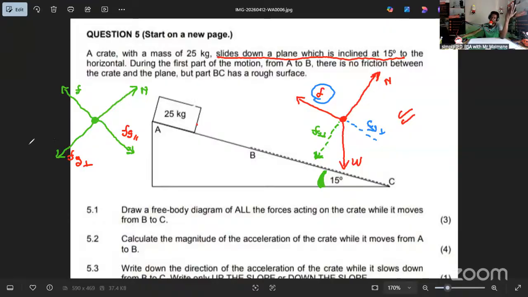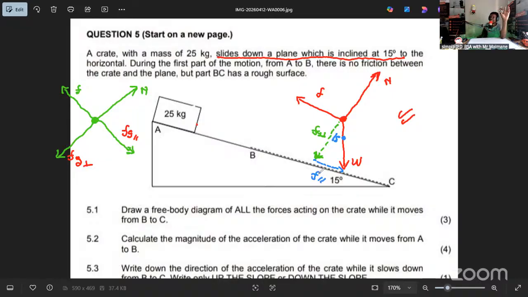So I hope you do. If you don't, I would hear someone complaining. So now that 15 degrees becomes here. And then because of that, FG perpendicular would be here, and we would have FG parallel here.